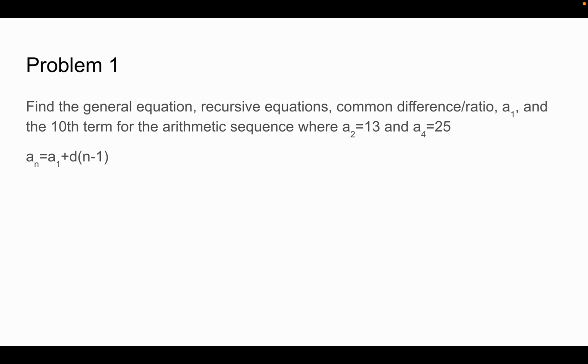It's going to be common difference for this one. For things like this, we're usually going to use the general equation, which is an equals a1 plus d times n minus 1. For basically everything, the general equation is going to be more useful than the recursive equation.